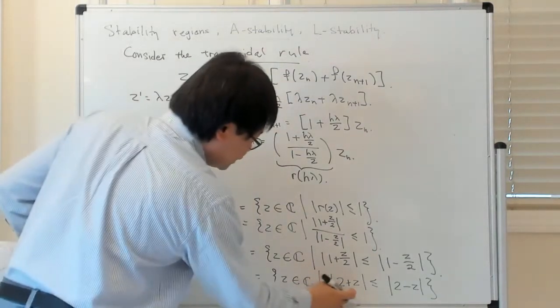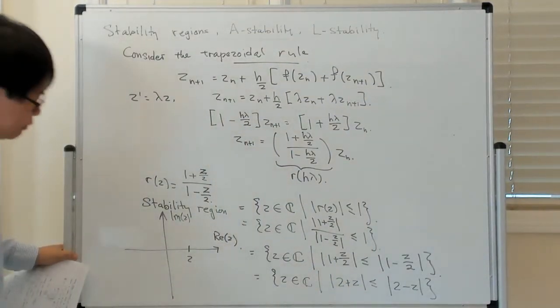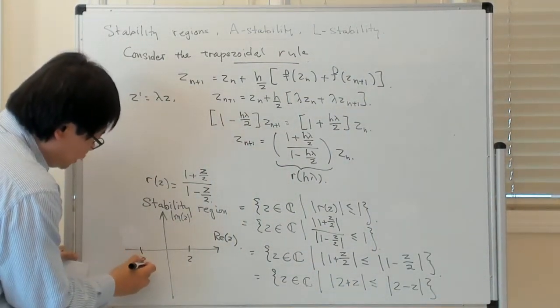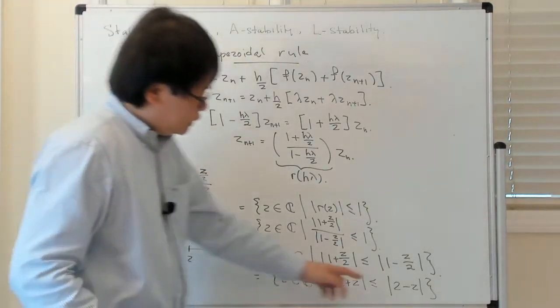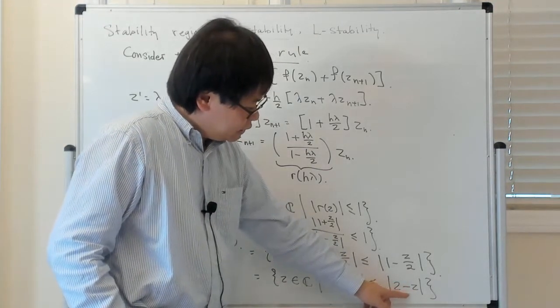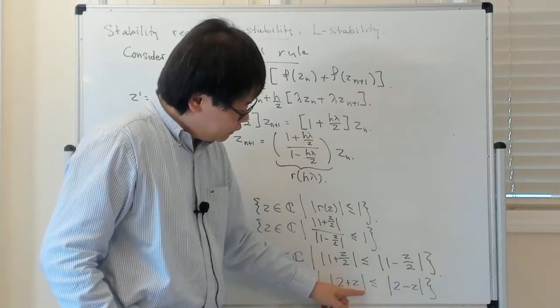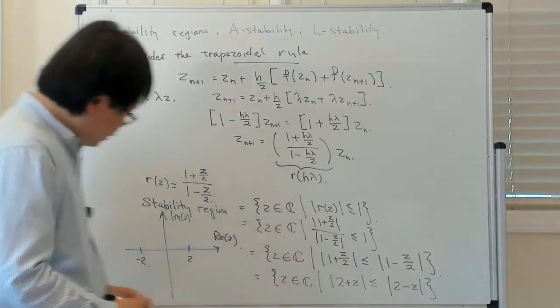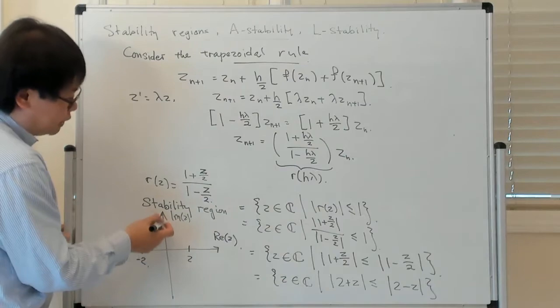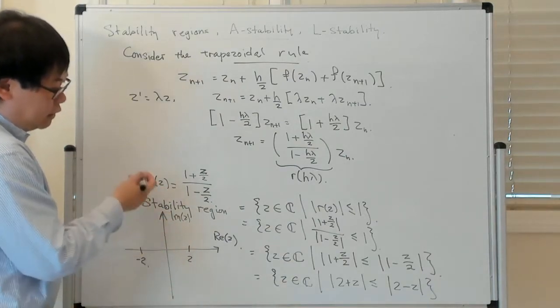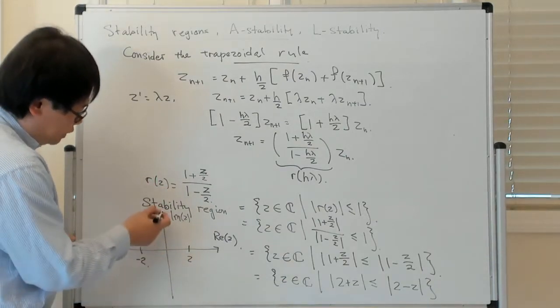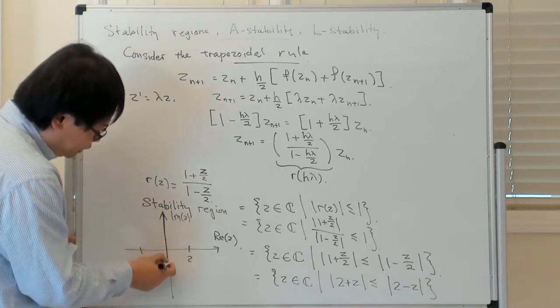And then this, of course, is the distance between z and the point 2. Okay. So what this is telling you is that the distance from z to the point 2 is greater than the distance from z to the point minus 2.